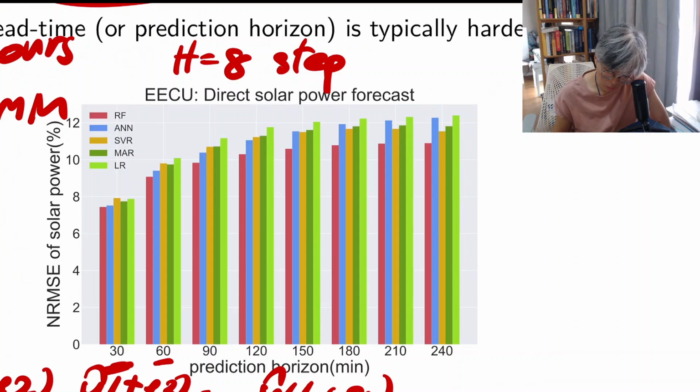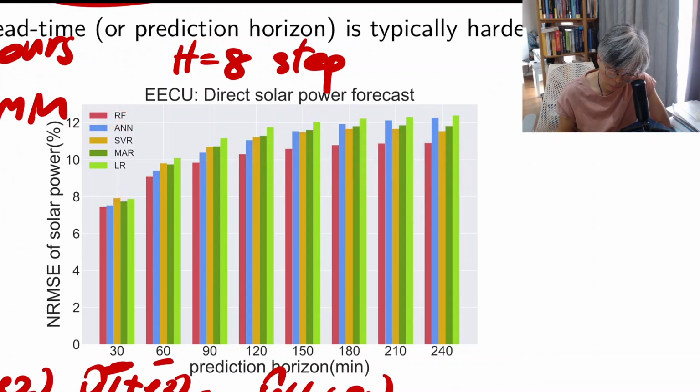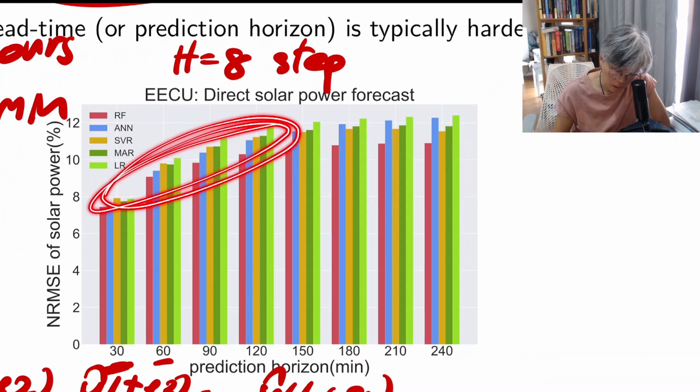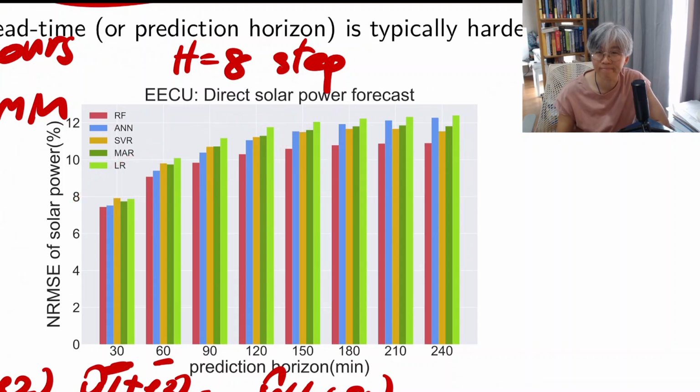For example, you can see that the red one, the random forest, at these multi-steps, the error tends to stay the same, while for the linear regression, the error increases significantly for the first few multi-steps.